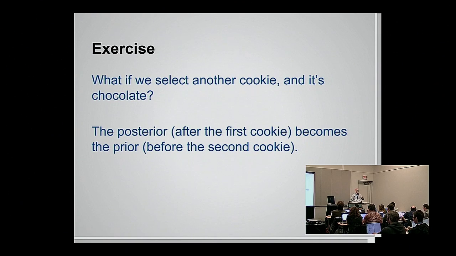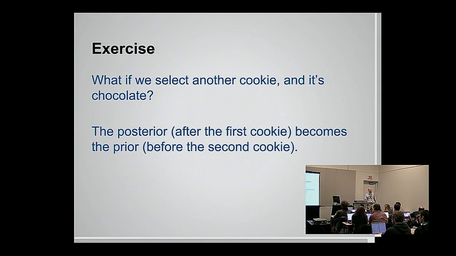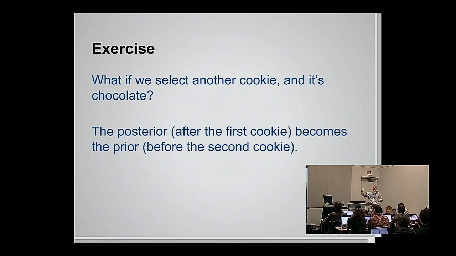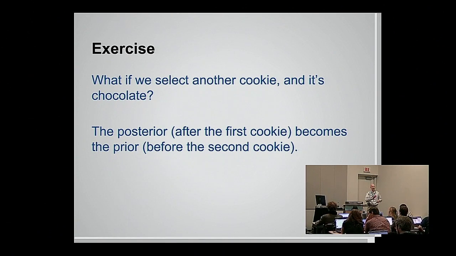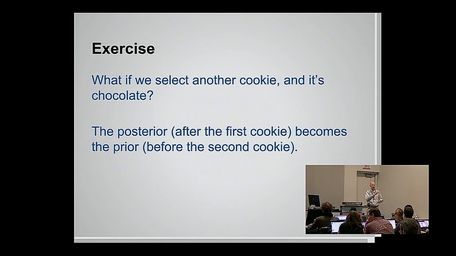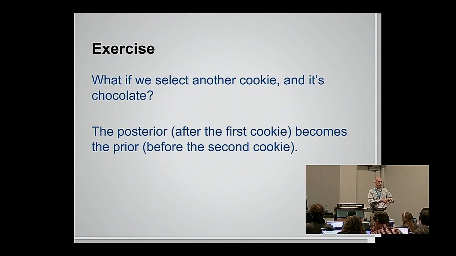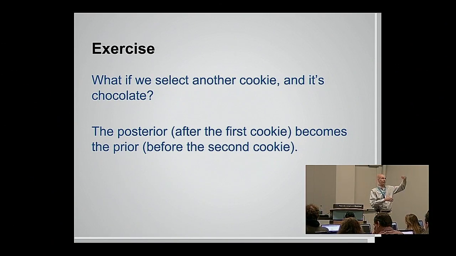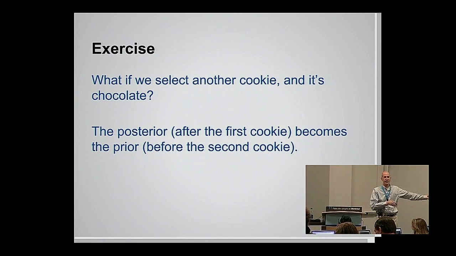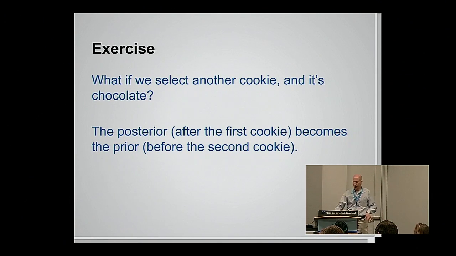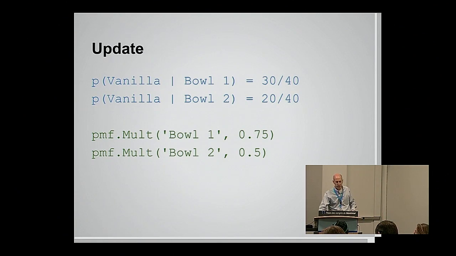Let me give you 2 hints if this isn't quite making sense yet. So the first one I mentioned on the slide is that we started with a 50-50 prior. We saw a vanilla cookie and we did one update, and now we've got a posterior that's 60-40. When the new piece of data comes in, that posterior, the 60-40, is now going to be the prior for the next update. So we're going to keep the same PMF, don't create a new PMF, and then what you do next is going to look a whole lot like this.